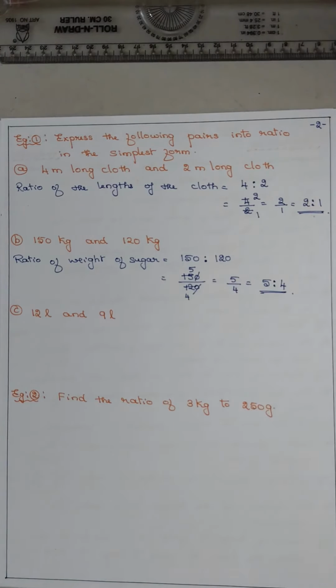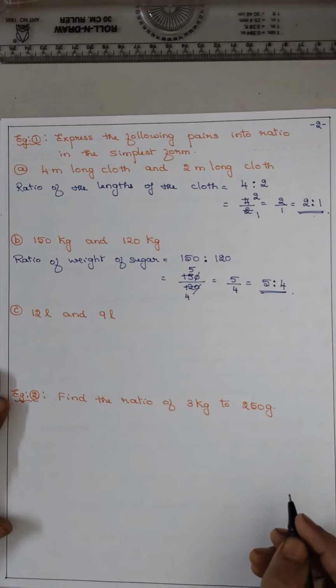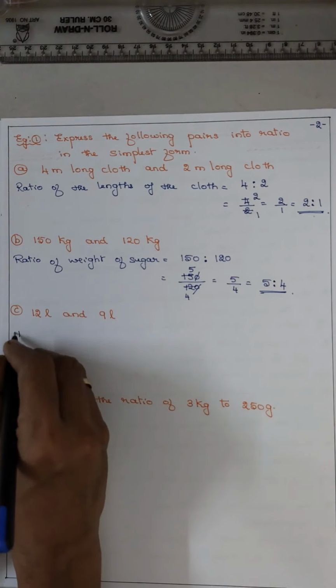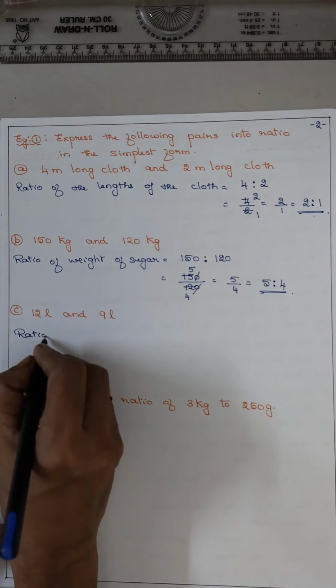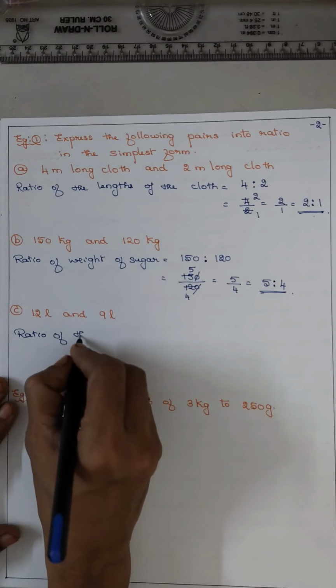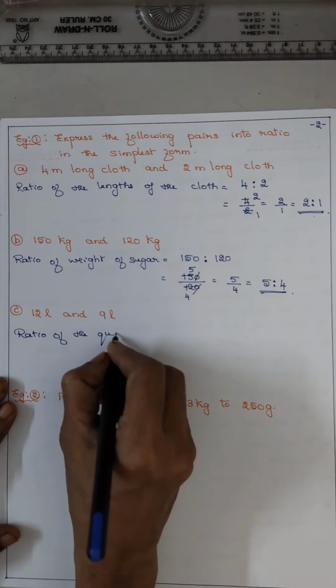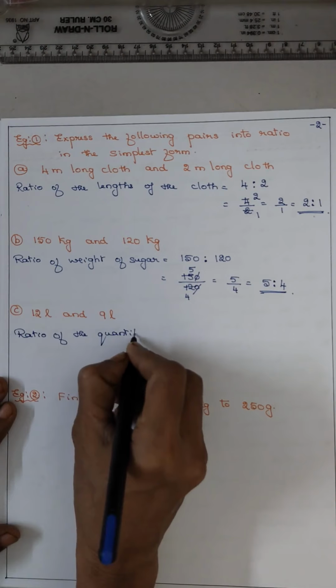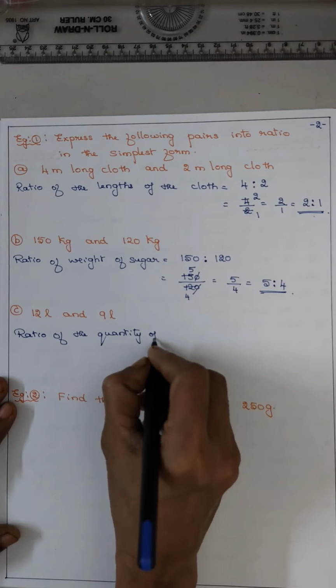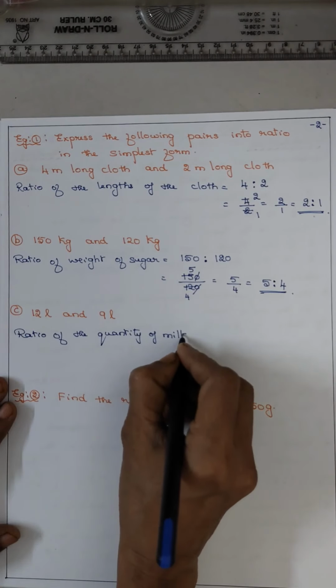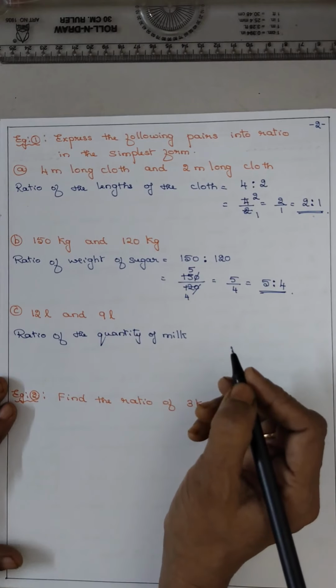Is it clear? Now coming to the C question, 12 liter and 9 liter. They are given ratio of the quantity of milk. Milk is given in the unit liters.